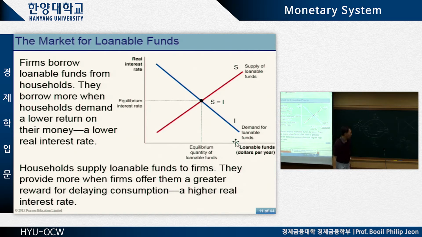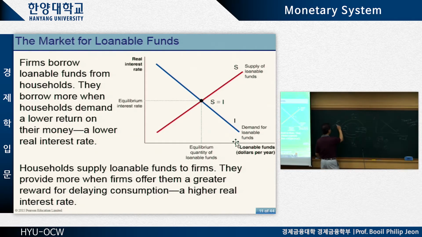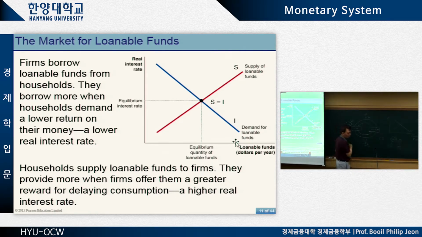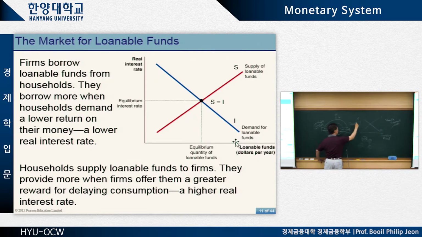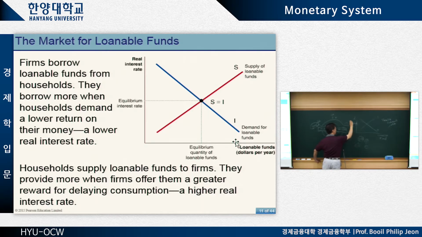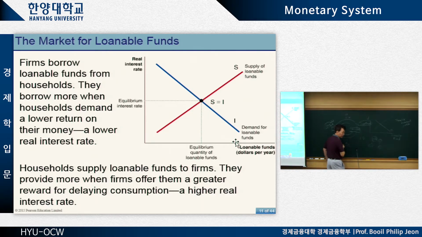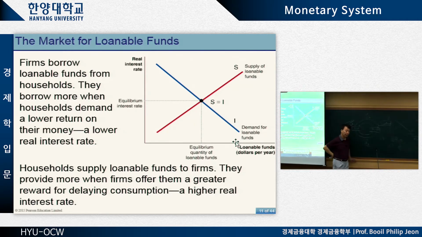In other words, saving will be equal to investment. Investment here means companies are borrowing money from the bank, right? And use that money to produce or to build a new plant or whatever, right?